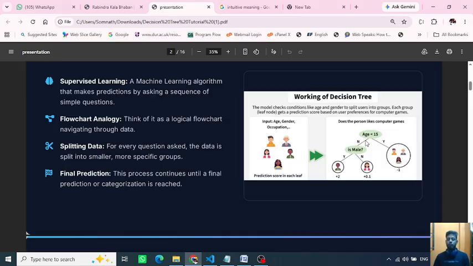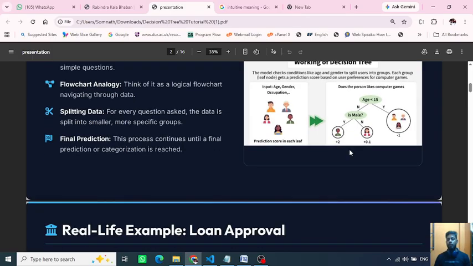So first it asks whether the age of the person is below 15 years or not. Then it splits the data set into two parts. First is yes, then the data set goes to the right, and the remaining goes to the left side. On the left side, again it asks whether the person is male, yes or no, then again splits the data set into two parts, and continues this way.